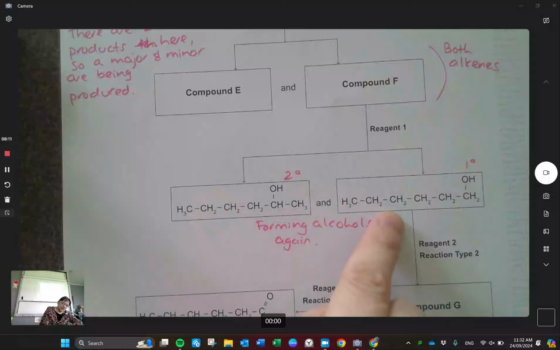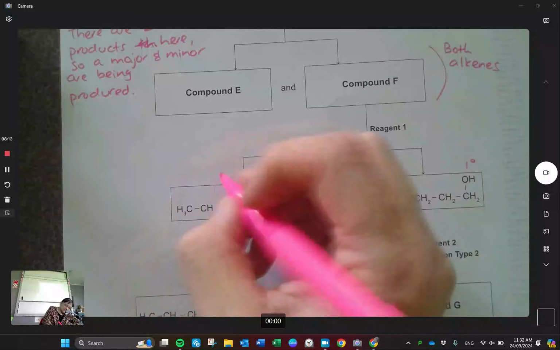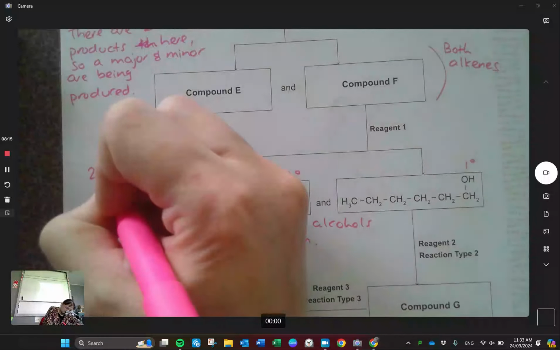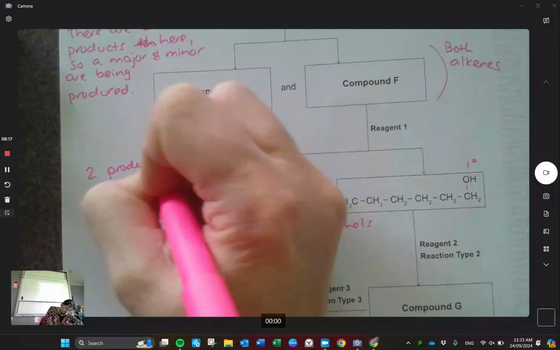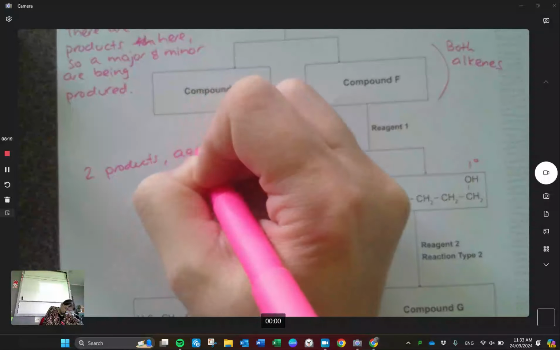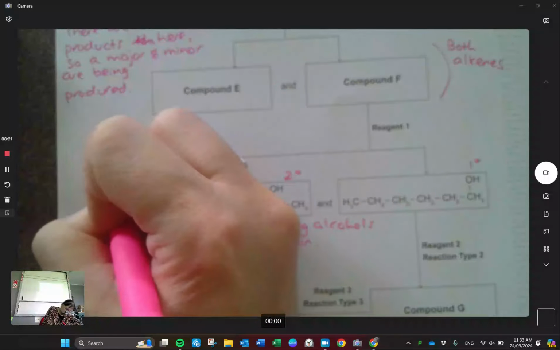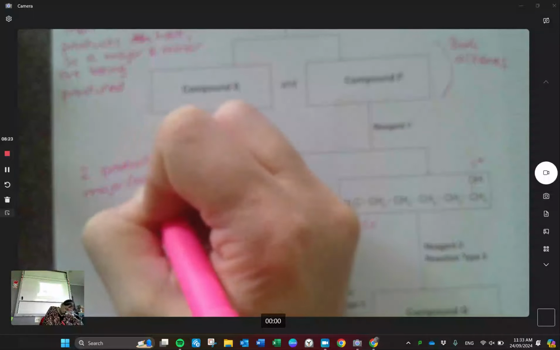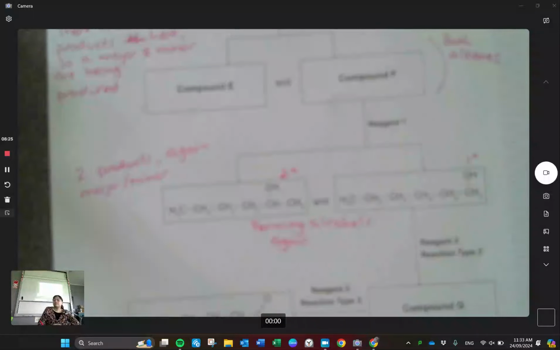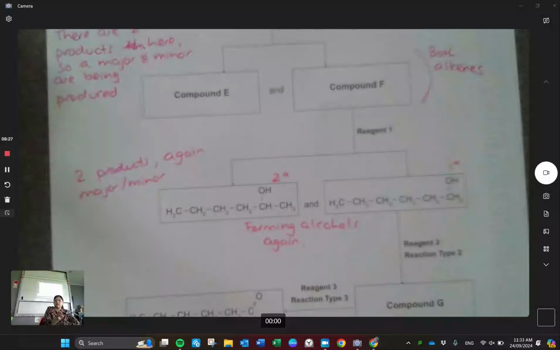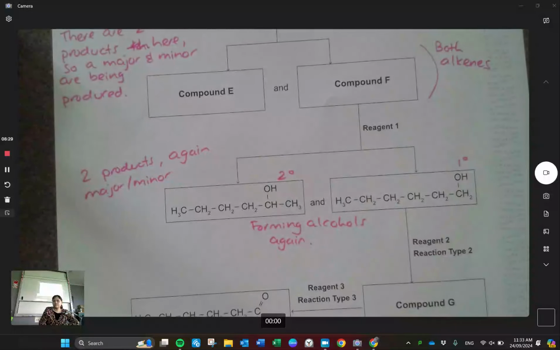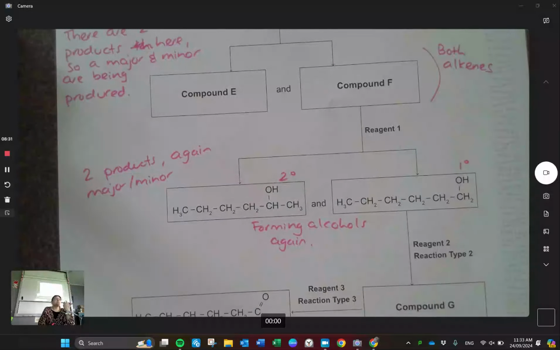So once again, we are using major minor because it's cheap products. This is why I say this is like a summary question, because it's taking everything you've learned in organic chemistry and we're starting to put it all together now.